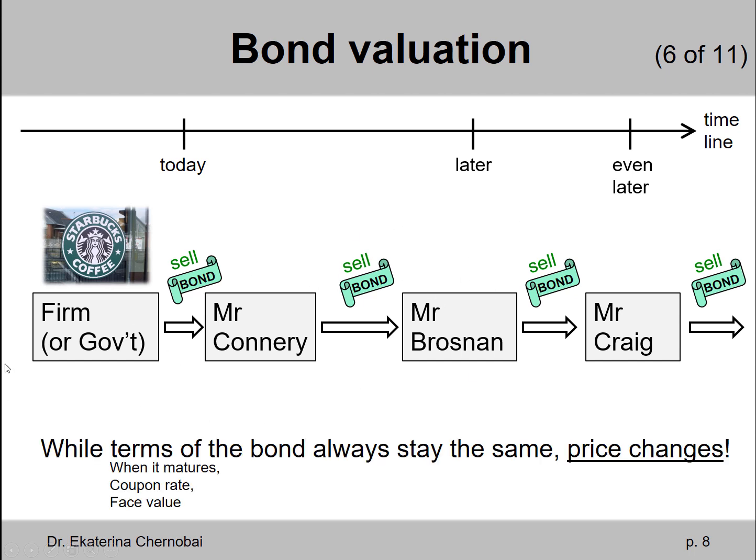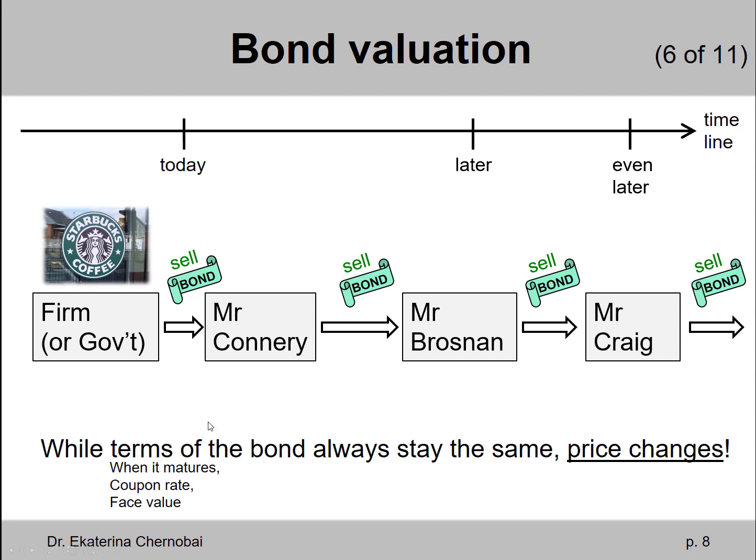Okay, so back to financial securities. What am I trying to say with this timeline? What I'm trying to say is that bonds can be resold. Somebody sells them, another investor buys them.